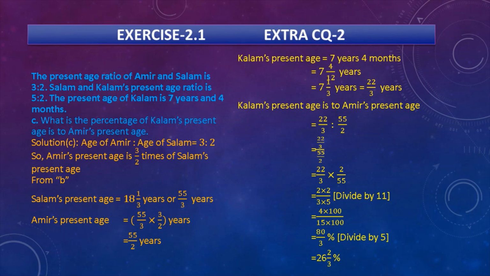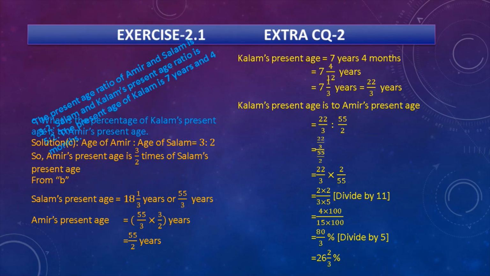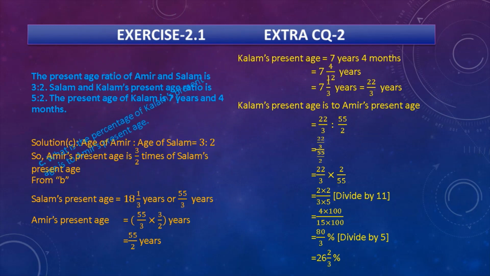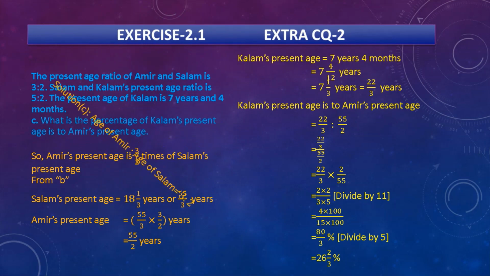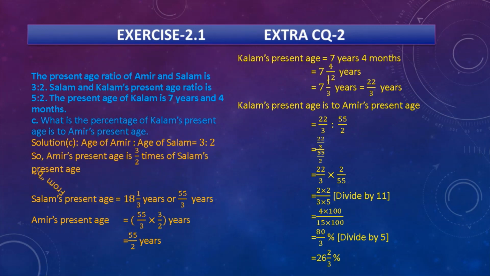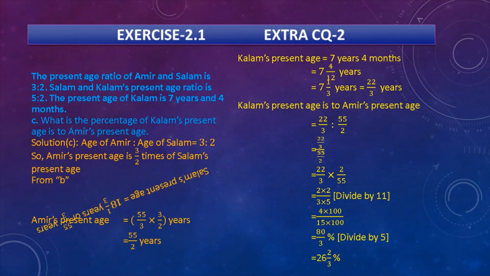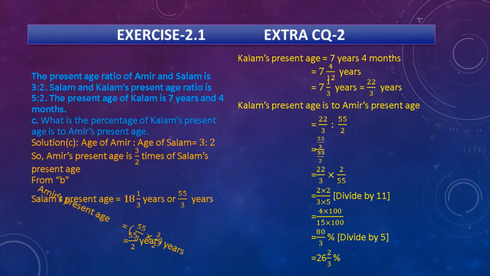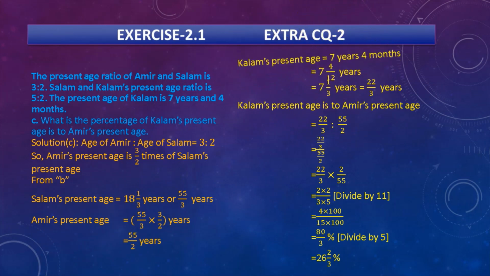So let us see this question number C again. What is the percentage of Kalam's present age to Amir's present age? That is solution number C, my dear students. From B we get Salam's present age is 55 divided by 3 years, and Amir's present age is now 55 divided by 2 years. Kalam's present age, if we convert it to years, is 22 divided by 3 years.